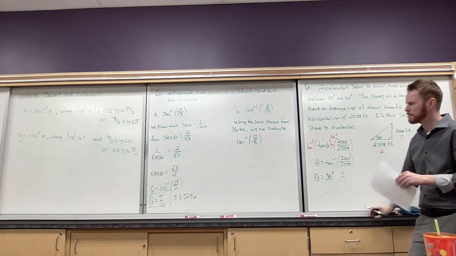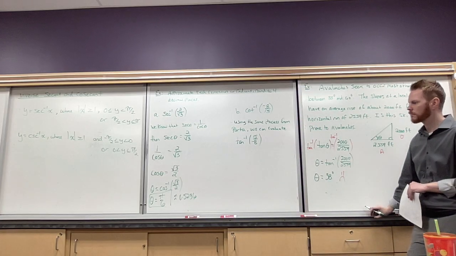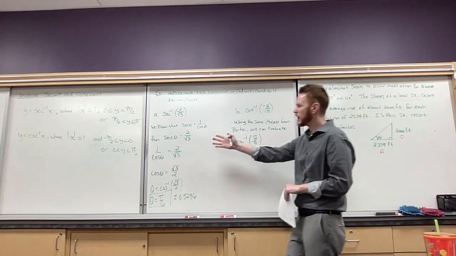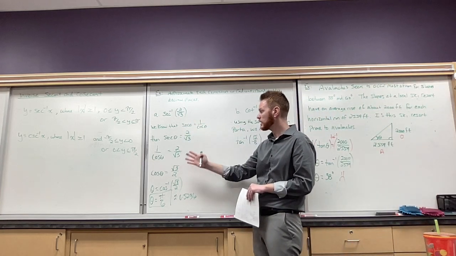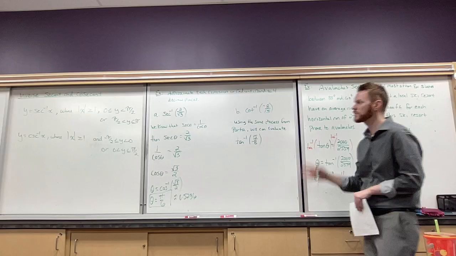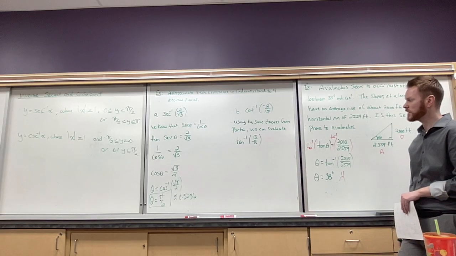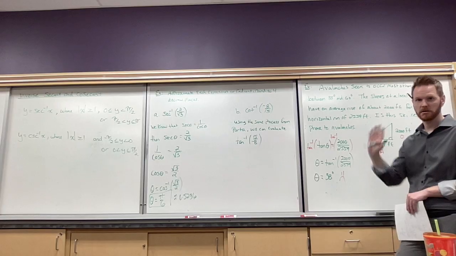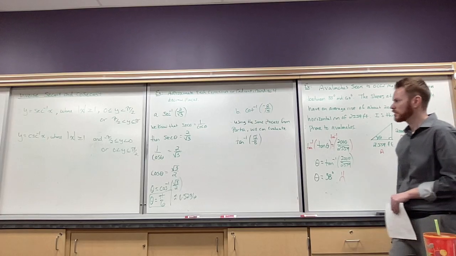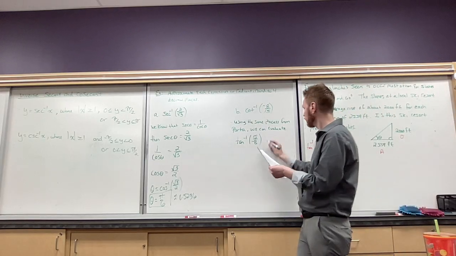Okay? But here's the issue. With these guys, we lucked out. Cosine and secant have the same output ranges. So this works perfectly. Cotangent and tangent do not have the same range outputs. Okay, so what do I mean by that?